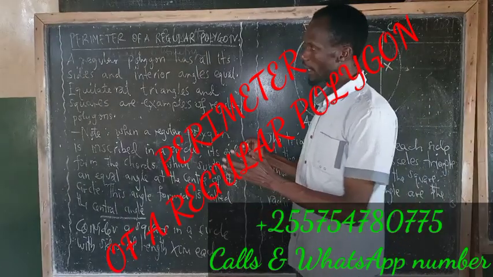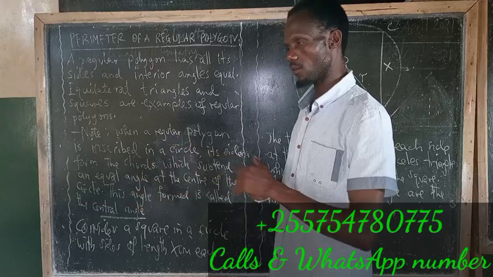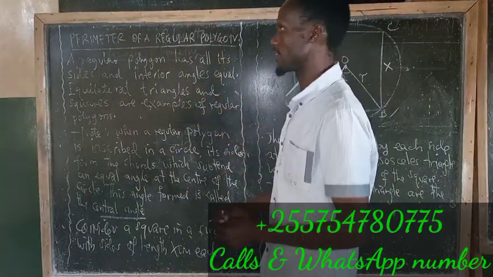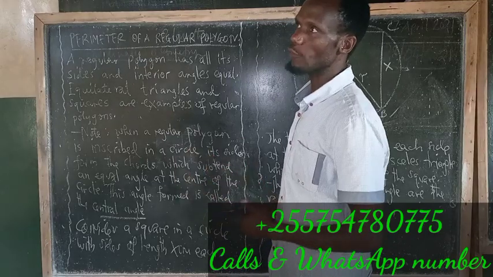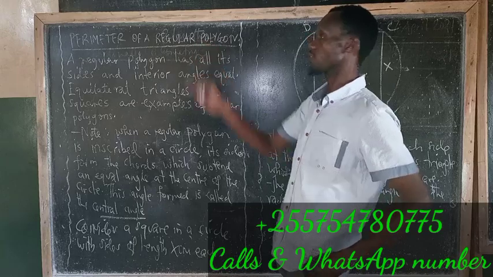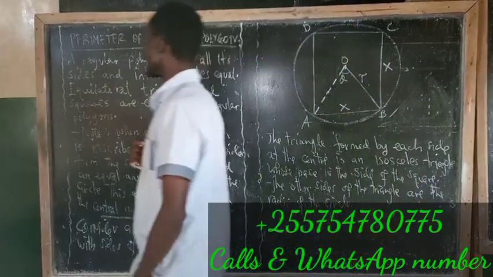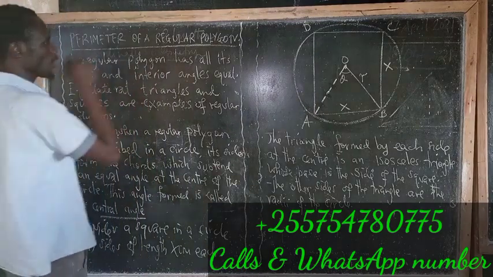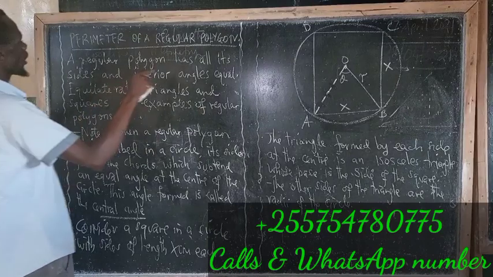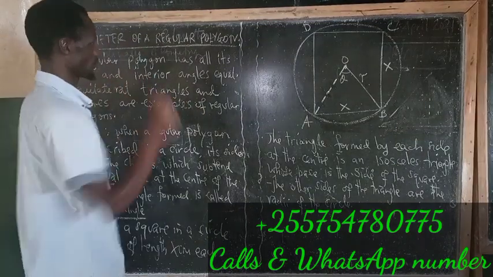After we have seen the area of the rhombus and the area of the triangle with no perpendicular heights, the next part that we have to consider here is called the perimeter of regular polygons. A regular polygon has all of its sides and interior angles equal.